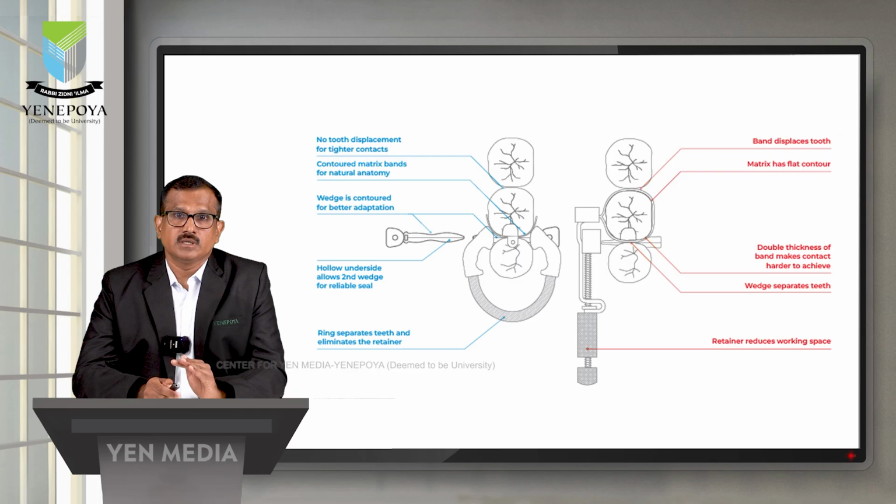The problem with the conventional system is that the band displaces the tooth, the matrix has a flat contour, and the double thickness of the band makes contact harder to achieve, so wedge separators are needed.